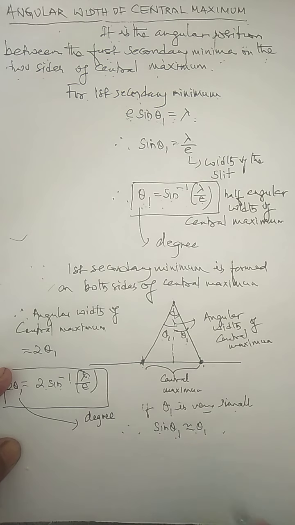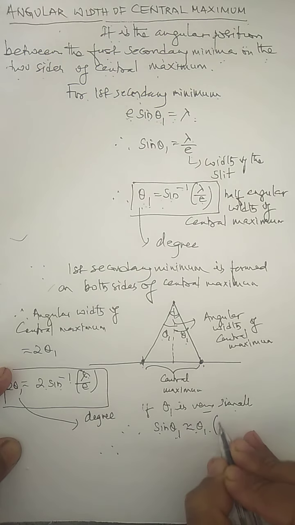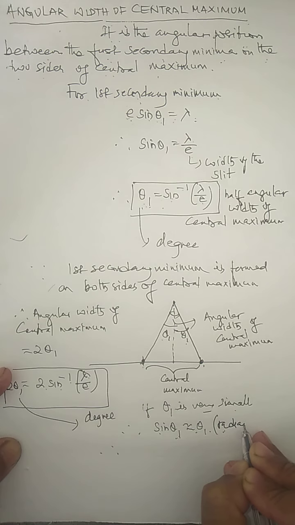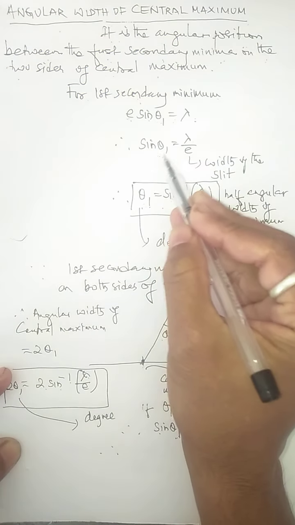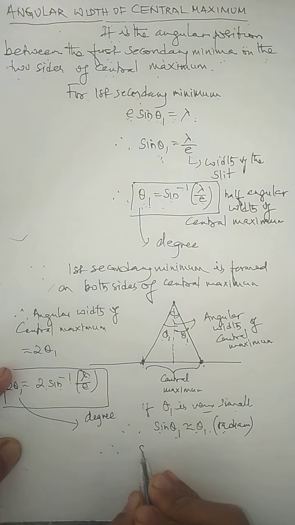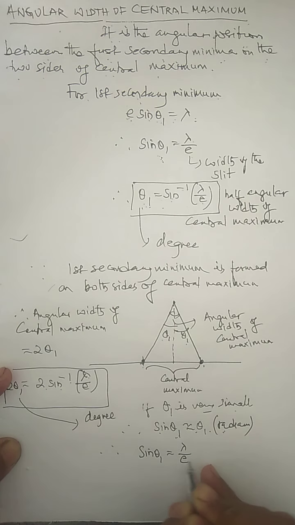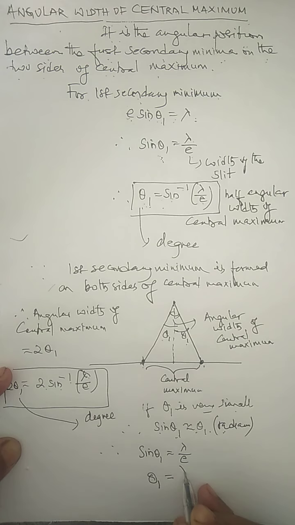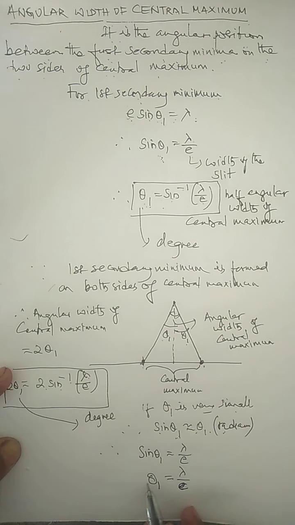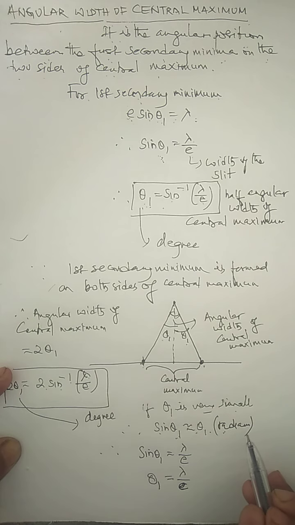So with this also we measure the angular width of central maximum. If I take sine theta 1 as theta 1 and we measure this angle in radians, then the relation can be written as sine theta 1 equals lambda by a. But sine theta 1 I write as theta 1. So theta 1 equals lambda by a. So theta 1, which is lambda by a, is the half angular width when we measure theta 1 in radians.